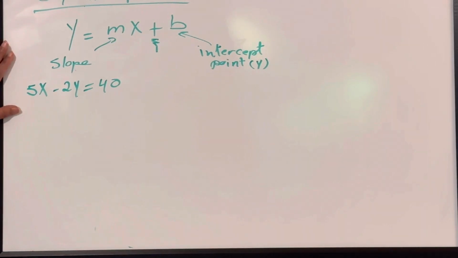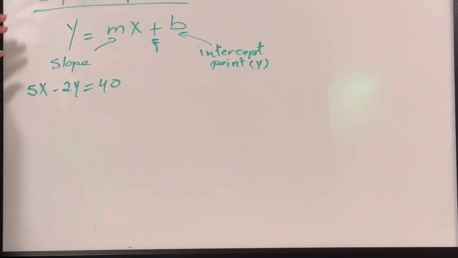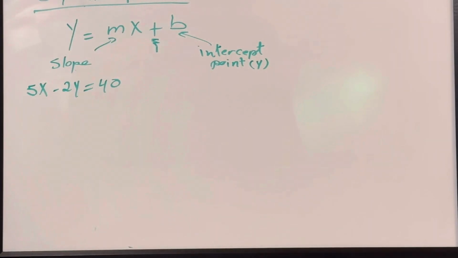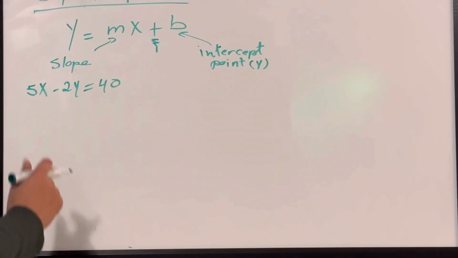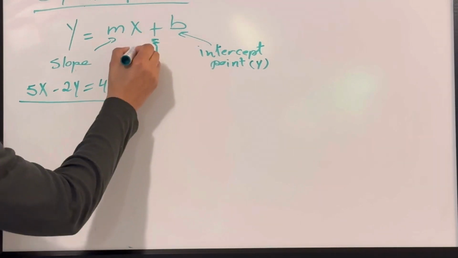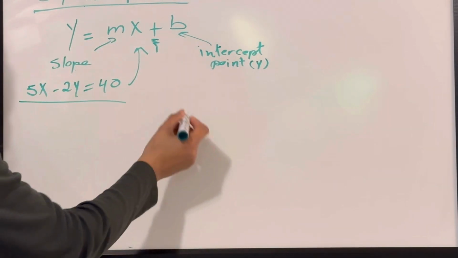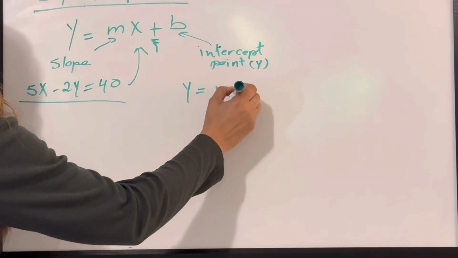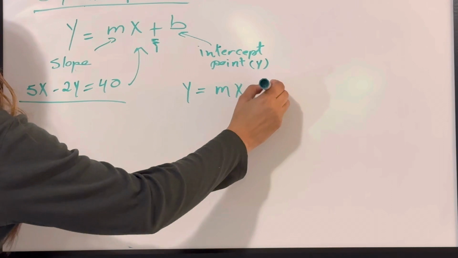Now this is a linear equation and I want to get the slope and the intercept point with the y-axis so I can even draw it. Now I have to transfer this form to this form. So I want y equal mx plus b.